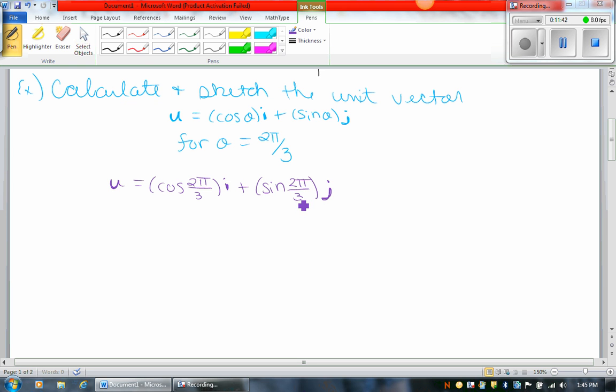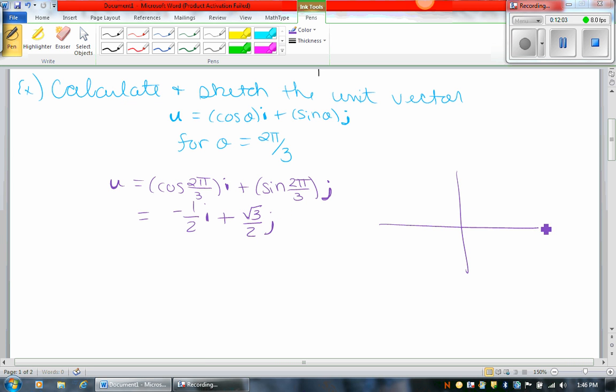So again, your horizontal and your vertical components. And then what we're doing is we're simply evaluating. Cosine at 2 pi over 3 is negative 1/2 i, plus, and sine of 2 pi over 3 is square root of 3 over 2 j.